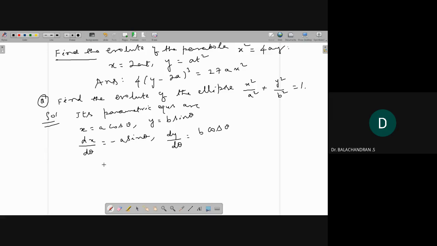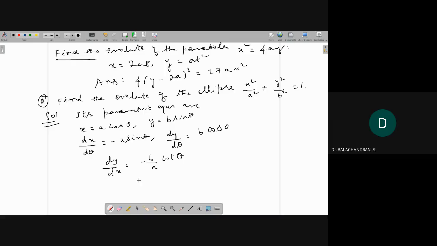And dy by dx equal to minus b by a cos theta by sin theta. Okay, it is cot theta. So dy by dx is equal to minus b by a cot theta.